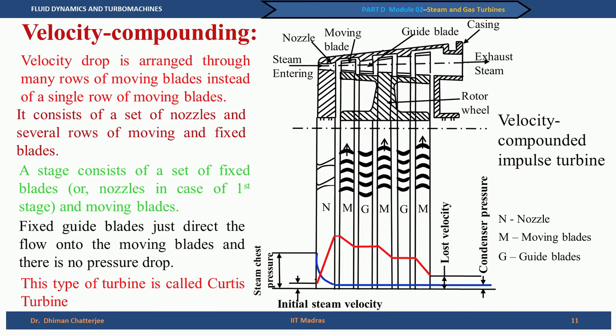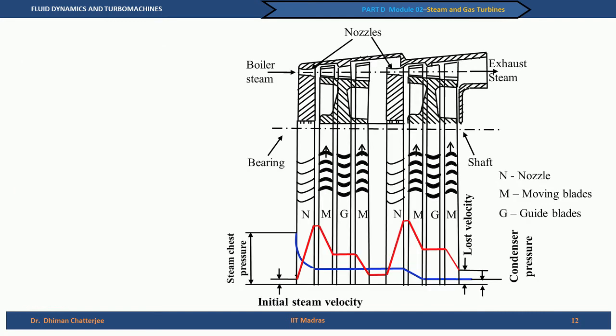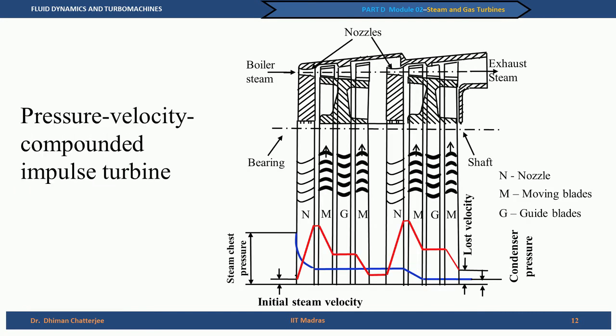So, we have learned two types of compounding. Now, what happens if you try to have the pressure velocity compounded impulse turbine? First we have the CD nozzle, then the moving blade, then the guide blade, then the moving blade. So far so good.